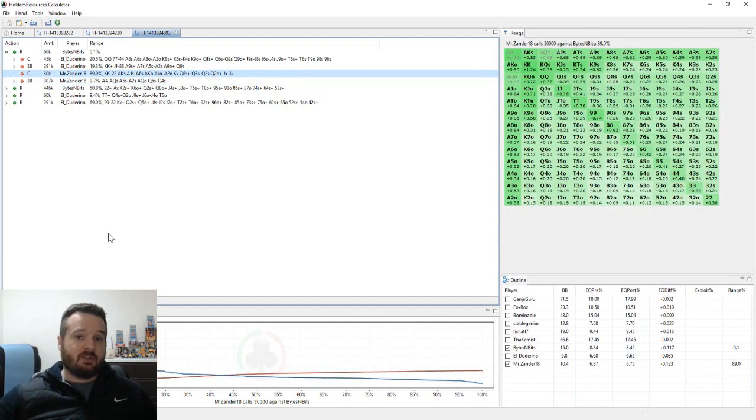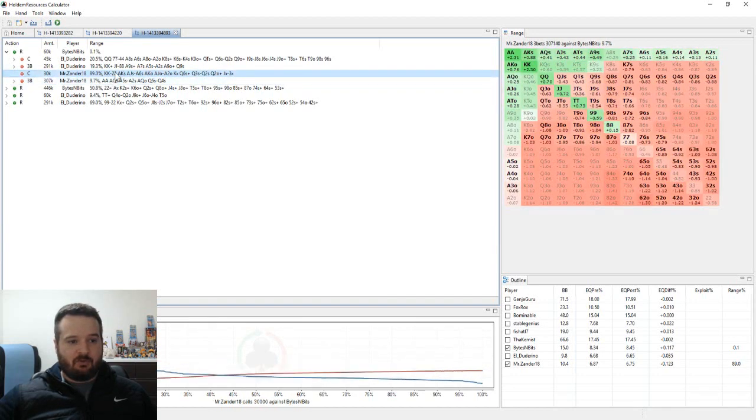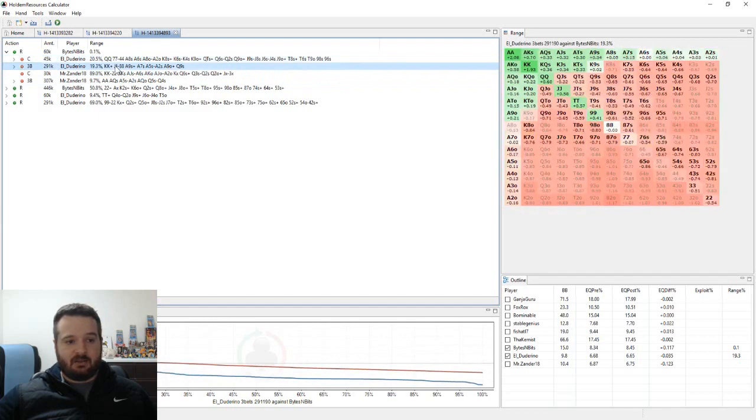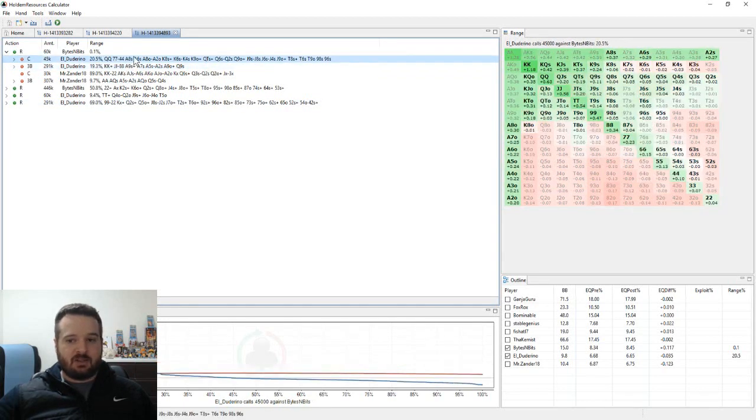So one thing I think you'll know is that that's not the case. You're probably going to be getting maybe 15 to 20% folds from the big blind player, and probably quite a bit more folds from the small blind as well, because they're probably putting themselves in a push fold situation rather than making these calls.